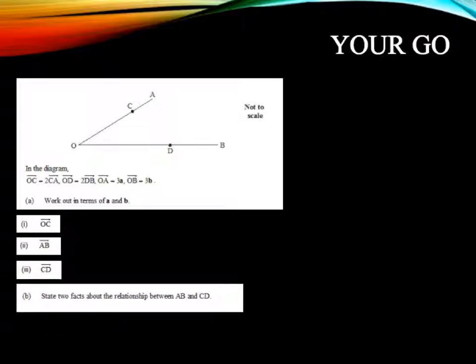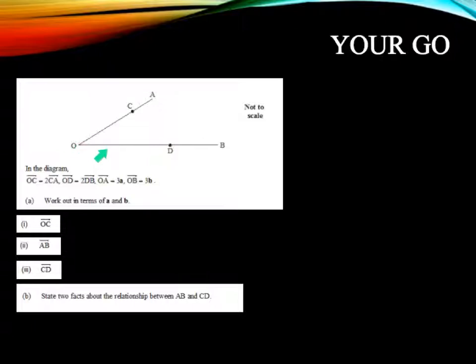Okay, so hopefully you've had a go at drawing this out, and you might have seen some things here. First of all, it says in the diagram, OC is 2 lots of C to A. So O to C is 2 lots of C to A. Right, okay. What else do we know?